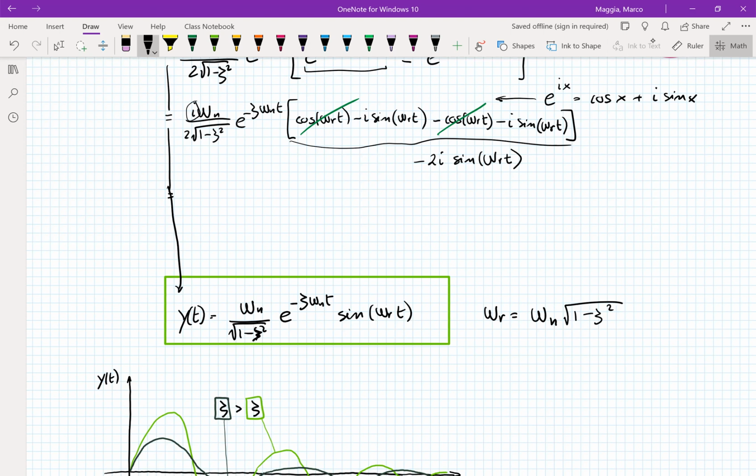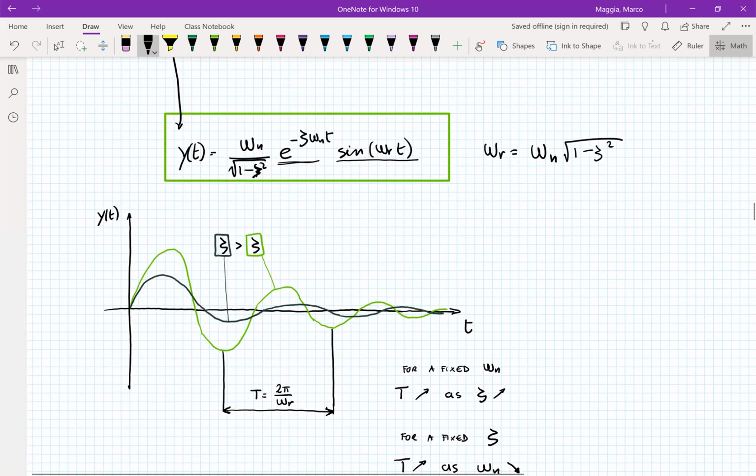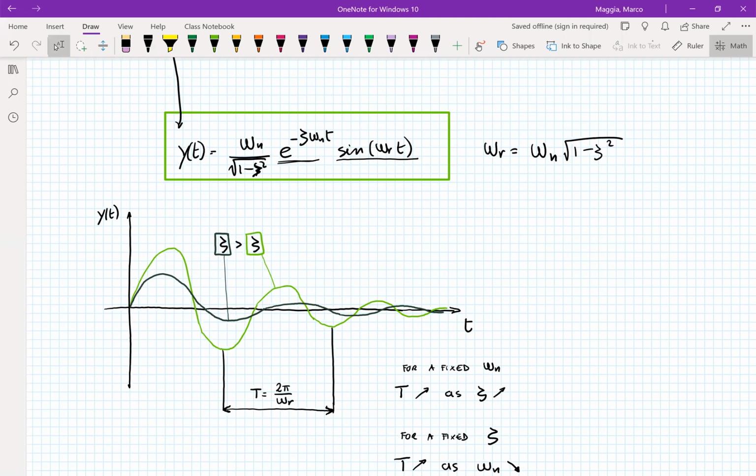It's something that we've already seen last week. So if you take a look at this function, you'll see that this is a harmonic function, but it is modulated by an exponentially decaying function. If we were to plot these functions, we would have to choose omega n and zeta, but let's say that we fixed omega n, then we can draw, for instance, here I drew two of them.